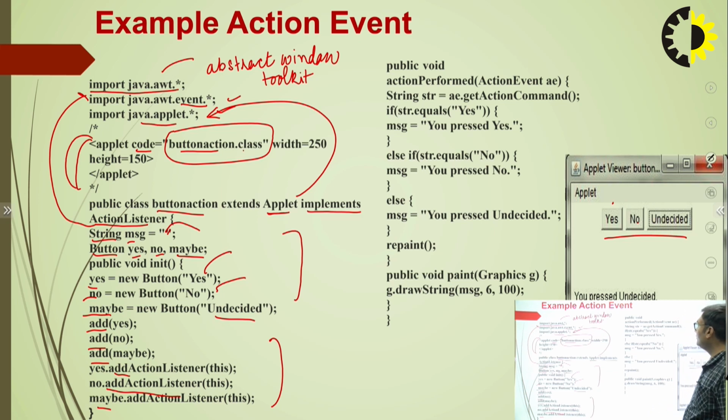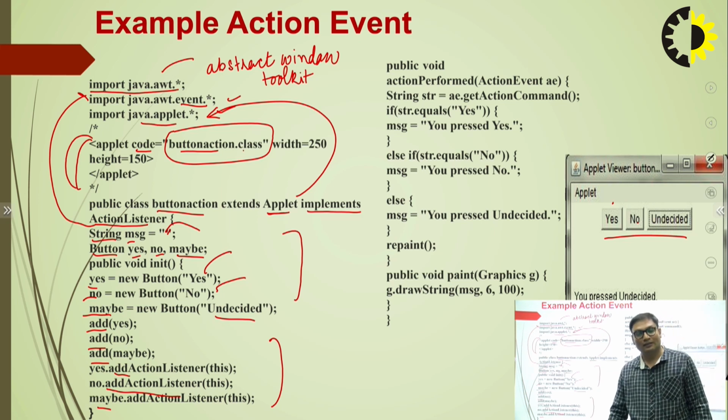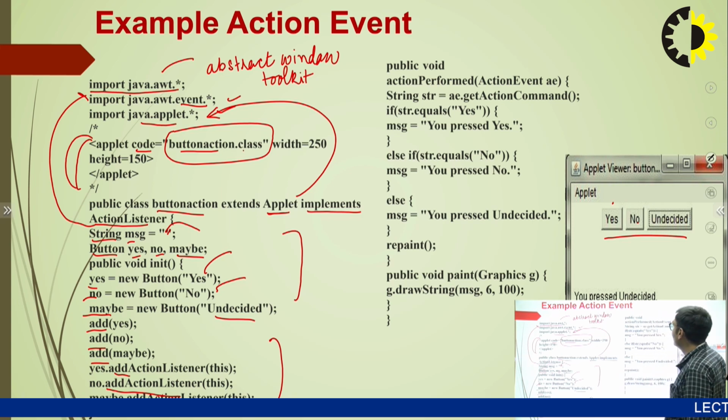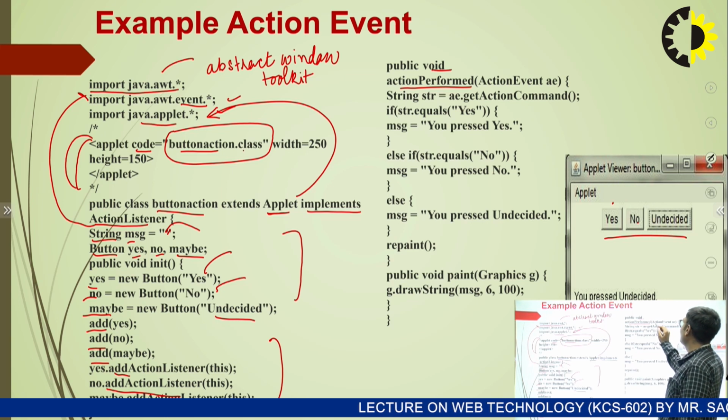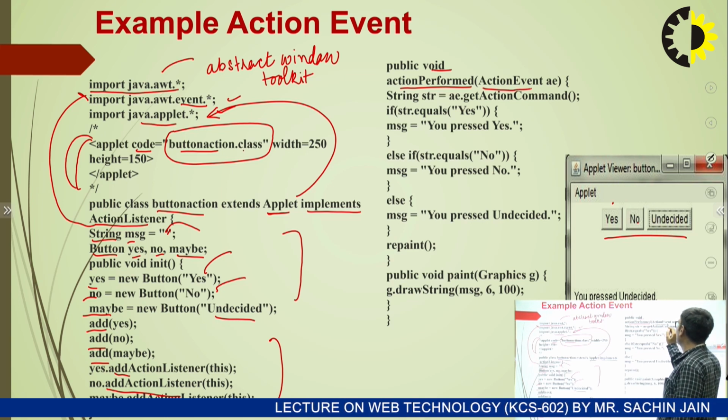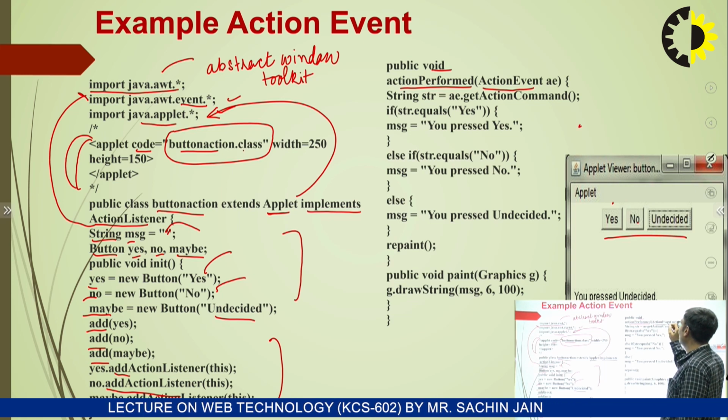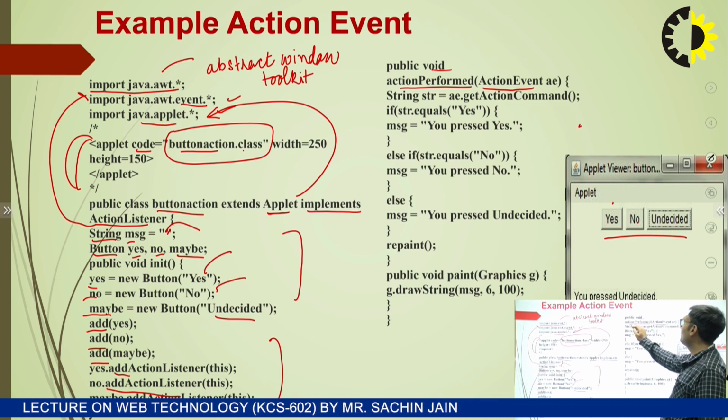Now what action am I performing? That action I will write inside a method named public void action performed. So I can pass an action event class object inside this action performed method.